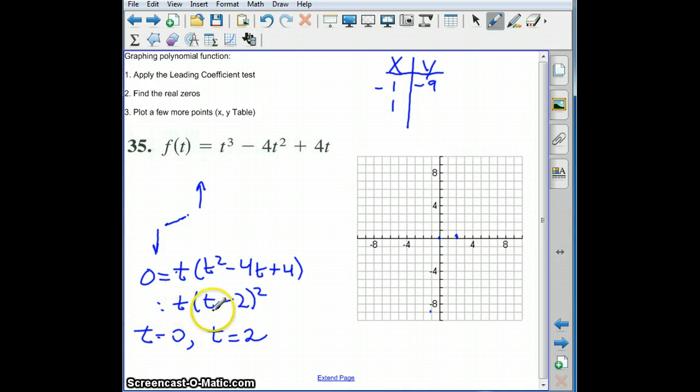So that's going to be 1 times -1 squared, which is 1 times 1, which is 1. And then let's put in 3. So it's going to be 3 times 1, which is 3. Now remember, because this is a repeated even multiplicity factor, it's going to come up, touch the x-axis, and head back up again. And now we've graphed our polynomial.